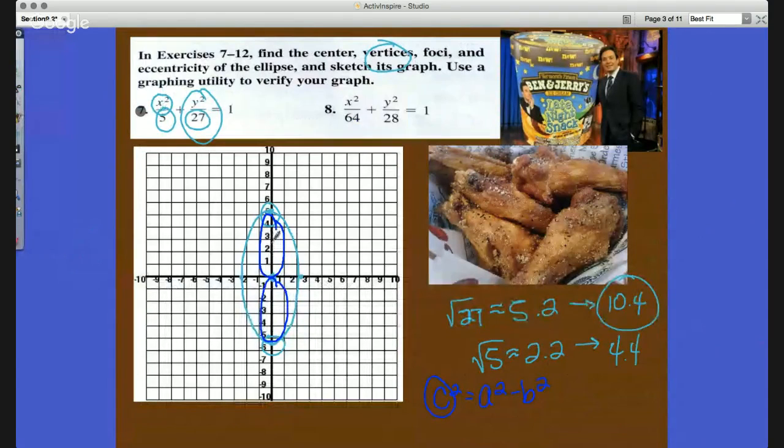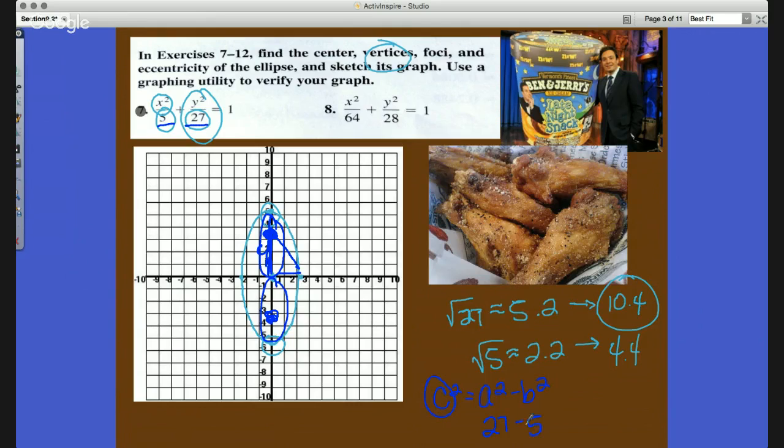If I were to draw this right here, the distance that I'm trying to find is c, which is right here. Again, because the foci are going to fall somewhere between the center and my vertices, to get this we can just take the 27 and subtract 5.